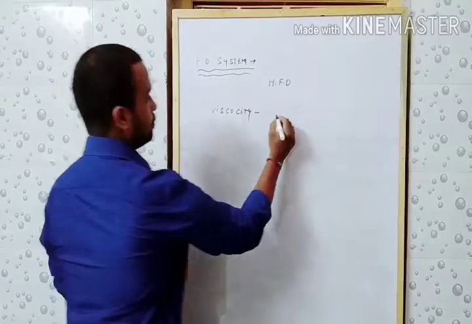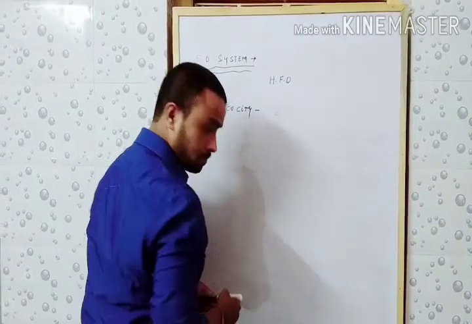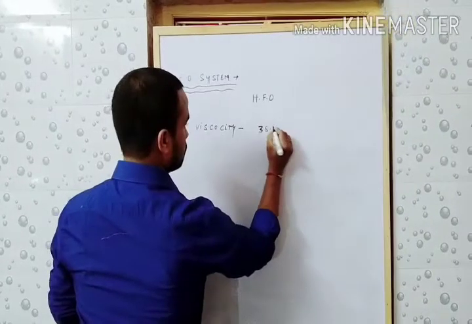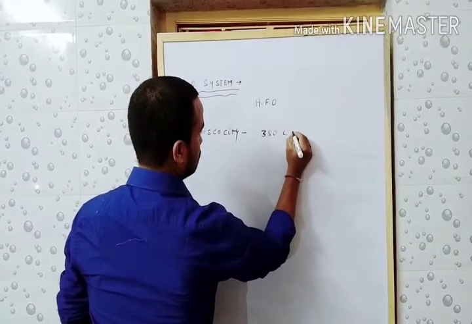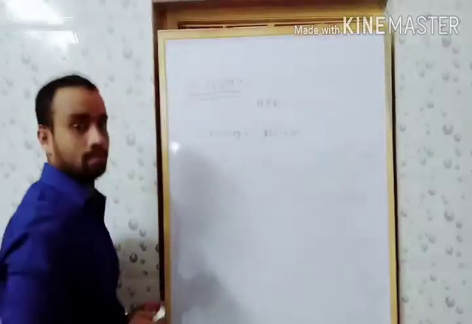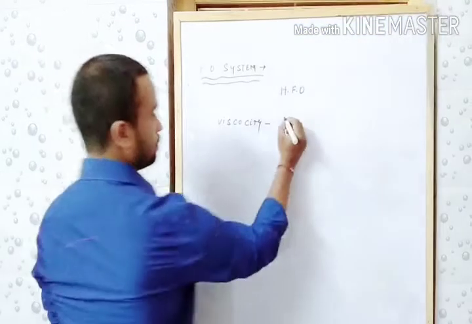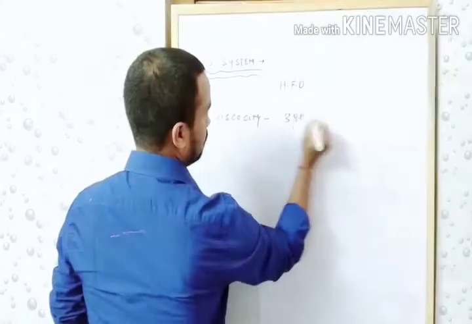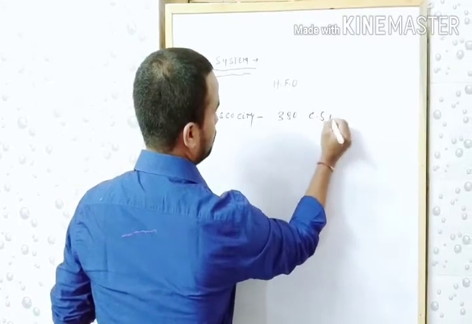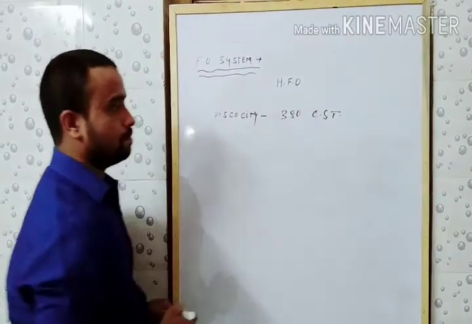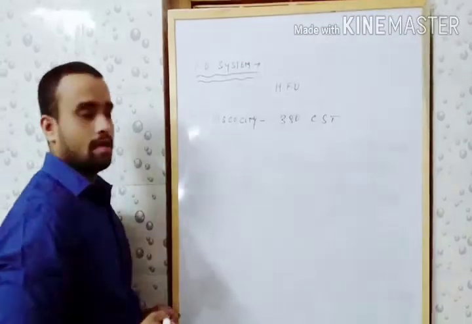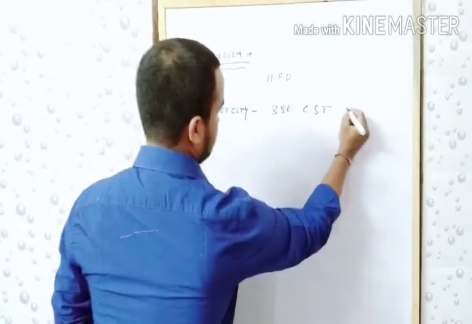So it comes in 380 CST. CST is the unit of the viscosity for a particular temperature. Generally we take it at 98 degrees Celsius.